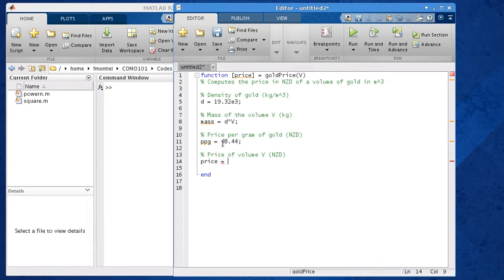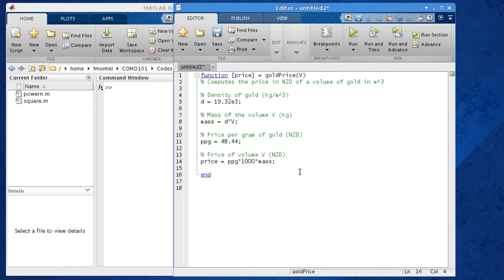If the price per gram is 48.44, then the price per kilogram is 1000 times that, because there are 1000 grams in 1 kilogram. So it's ppg times 1000 times the mass. And don't forget to put semicolons at the end of each of your lines if you don't want MATLAB to print each of these lines as it runs the program.